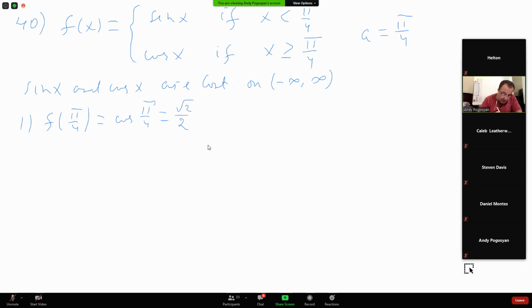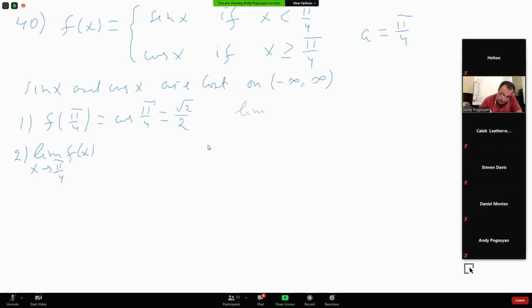Now second, we need to find the limit of f of x as x approaches pi over 4. But to the left and to the right, it has different rules.